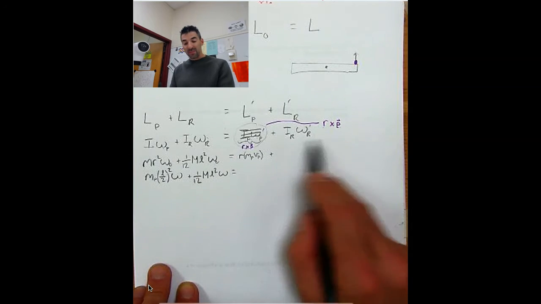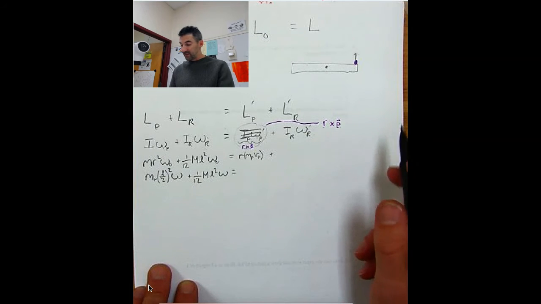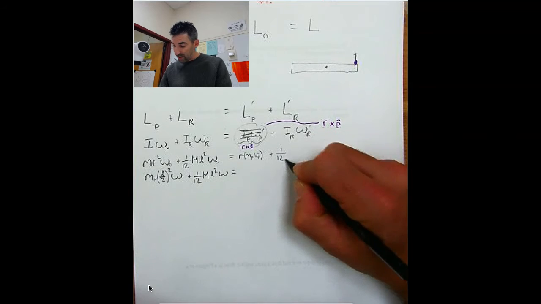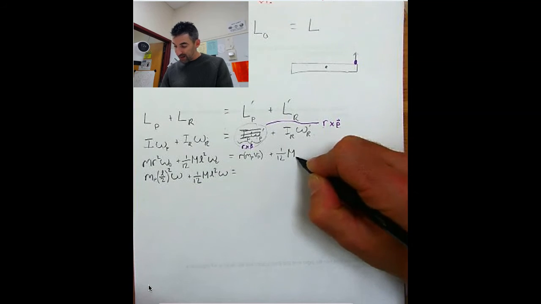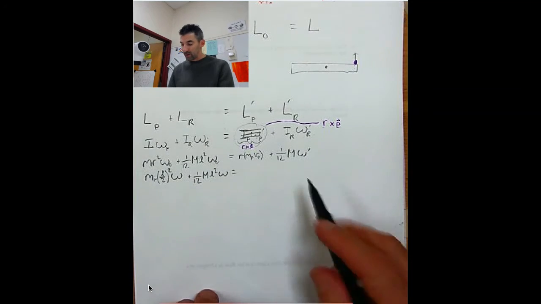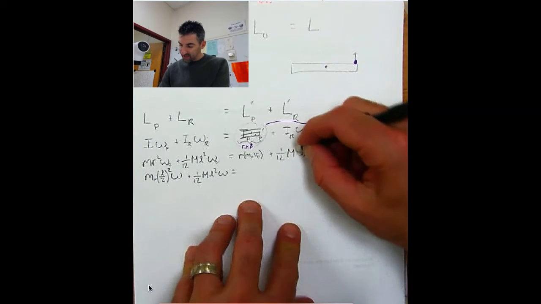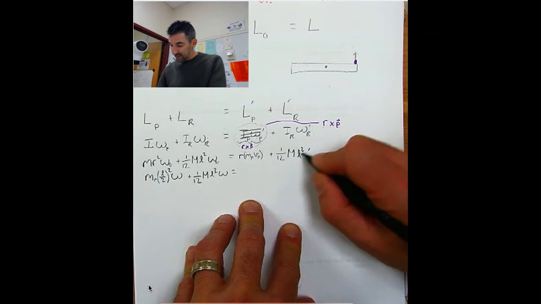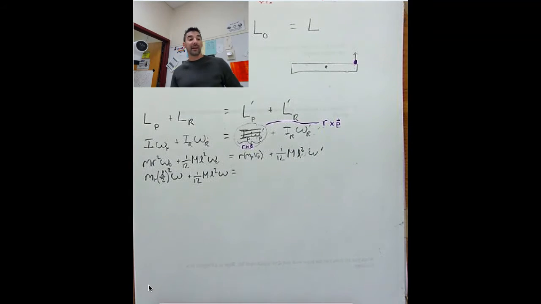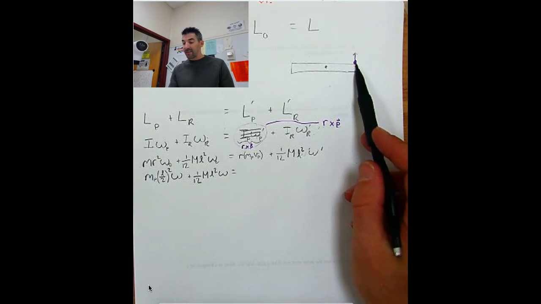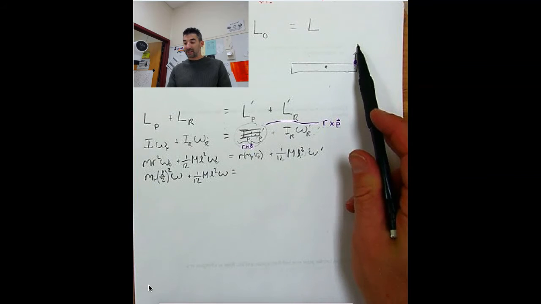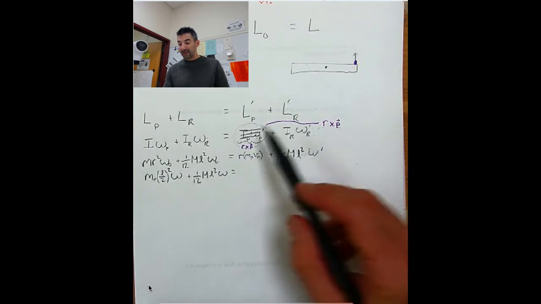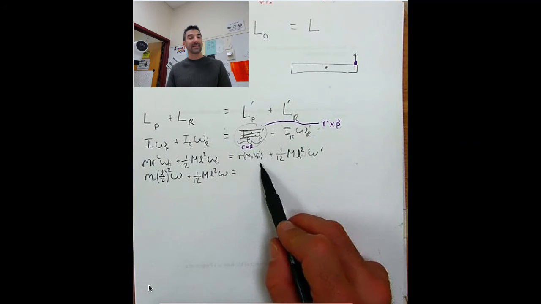Now plus nothing happened over here. My final angular momentum is still 1/12 mass of the rod, sorry, 1/12 M times L squared times omega. That's my I. So see what I did there? I no longer have this particle attached. It's moving linearly. So my conservation of angular momentum has to be at that moment it is unattached.